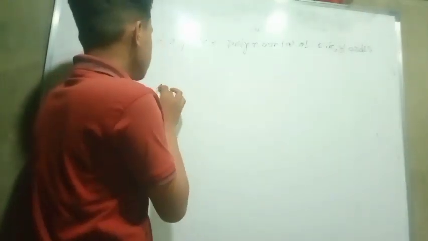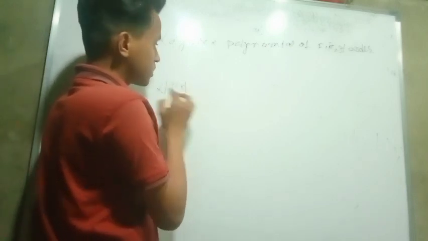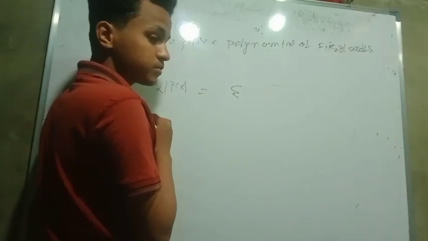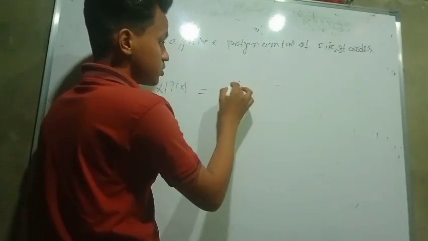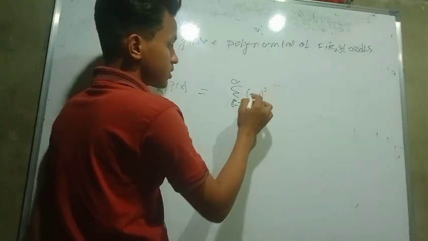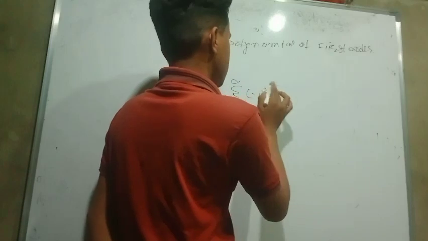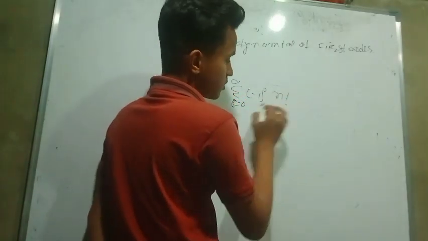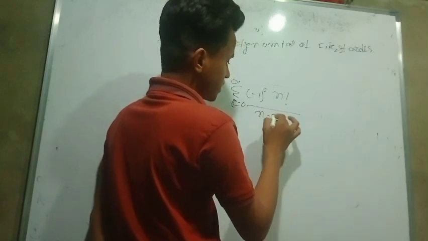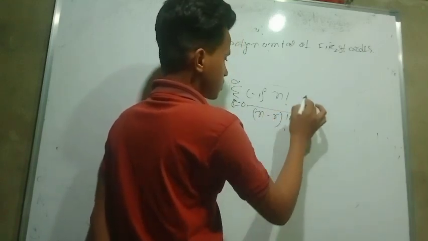So we have seen that the Laguerre polynomial is denoted by L_n(x). It is denoted by the summation r tends to 0 to infinity, 1 by r, n factorial upon n minus r factorial, whole square, into x^n.